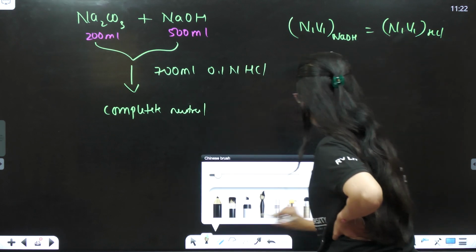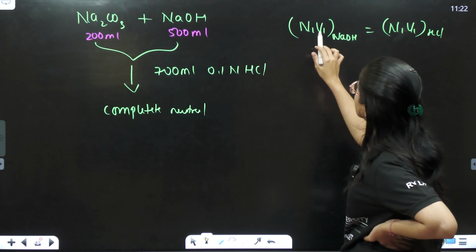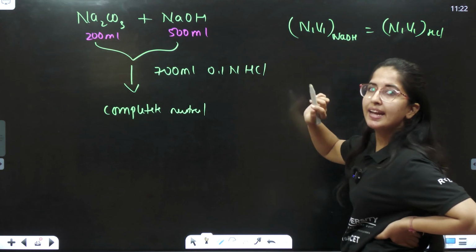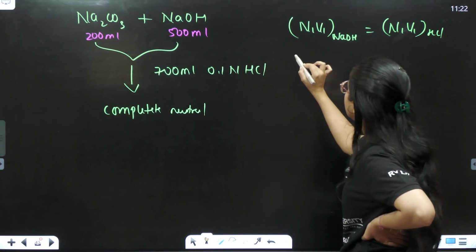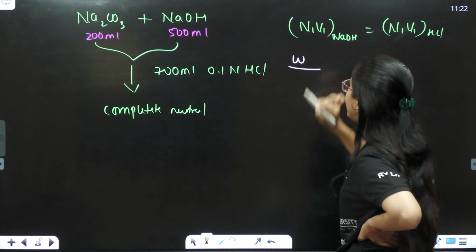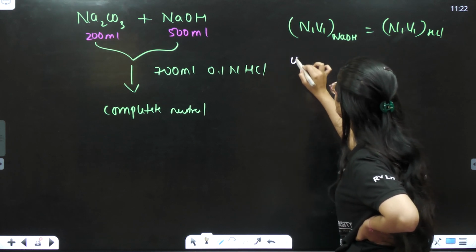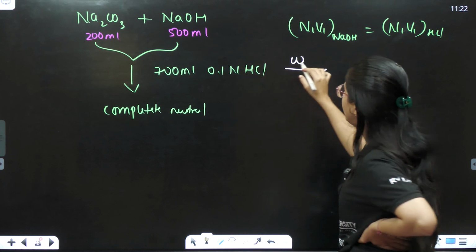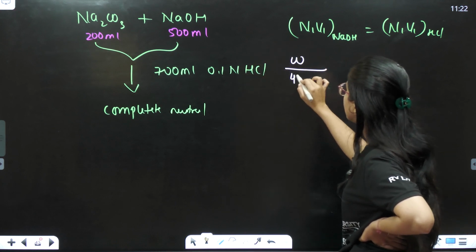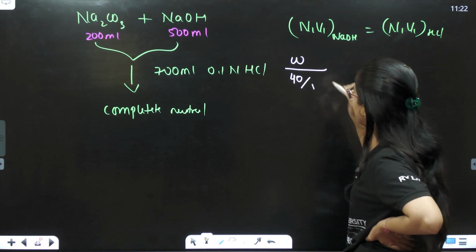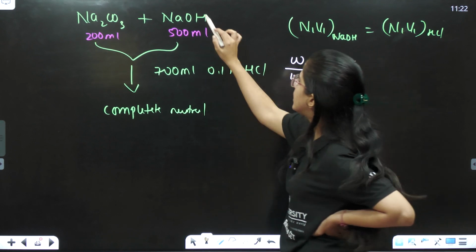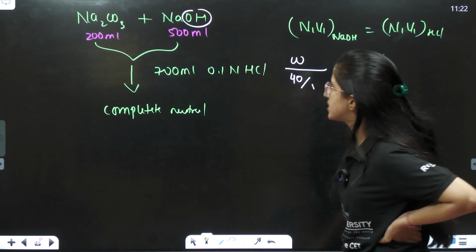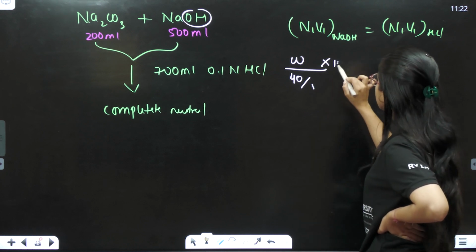So what will be the value here? The NaOH normality I can take as the weight, which I have to calculate, divided by the molecular mass, 40, divided by its acidity, which is 1, as only one replaceable OH minus ion is there, into the volume, 1000, for 1 liter.